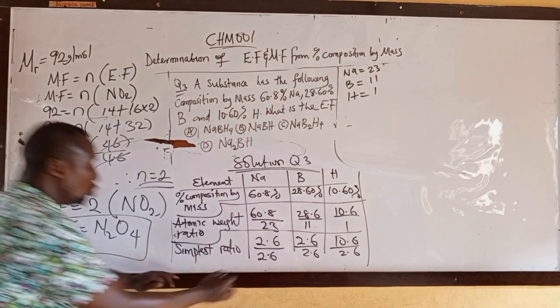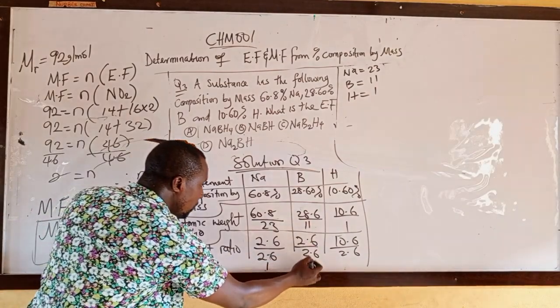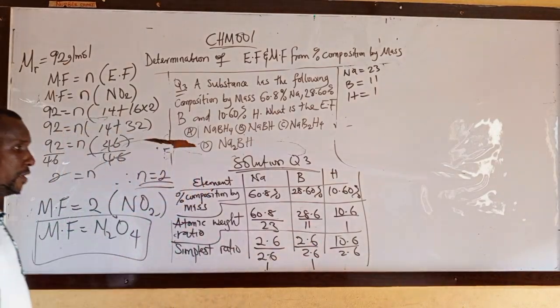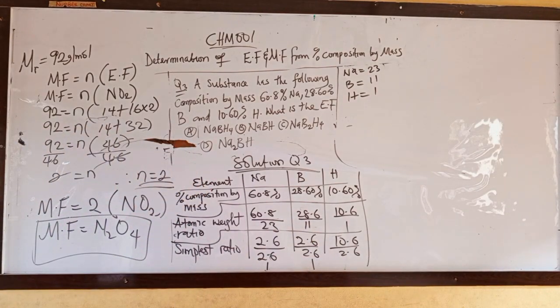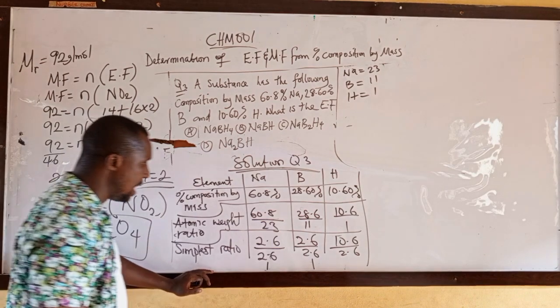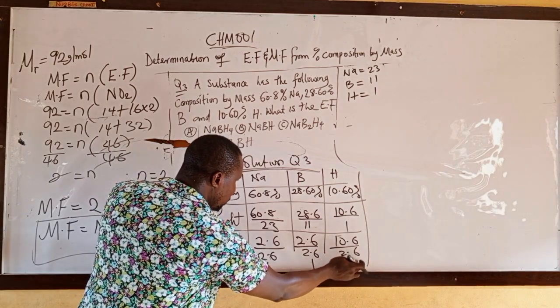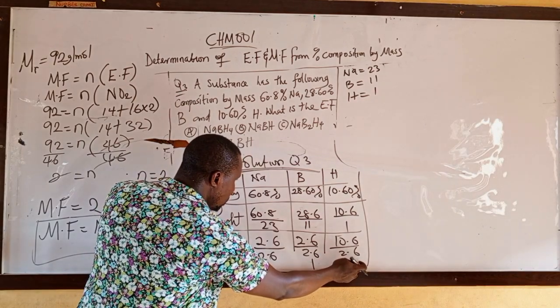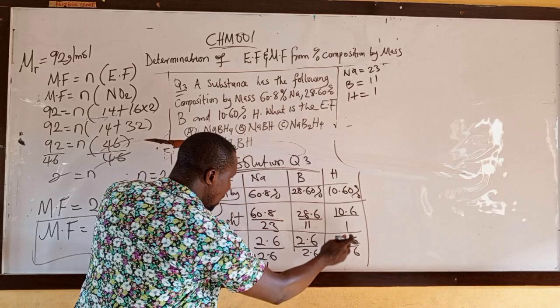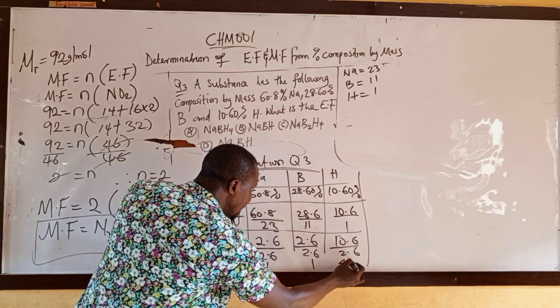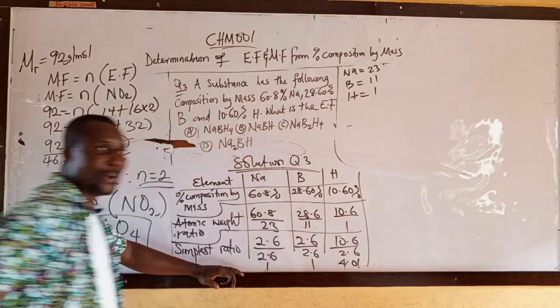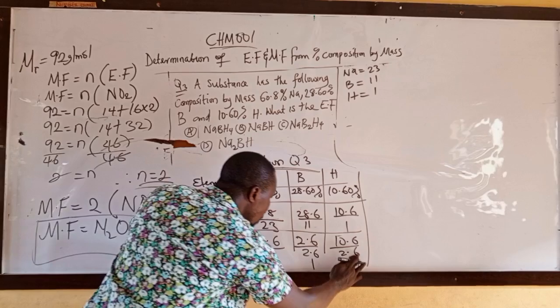Then from here, this one will give you 1, this one will give you 1, this one will give you about 4.01 or 4.02.